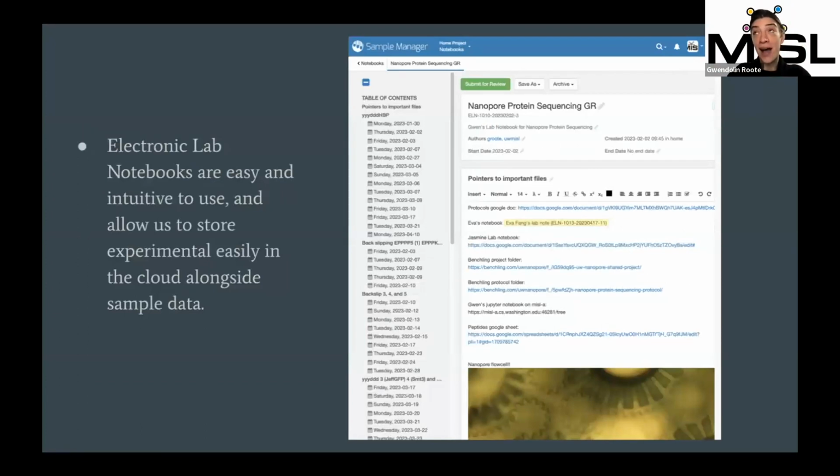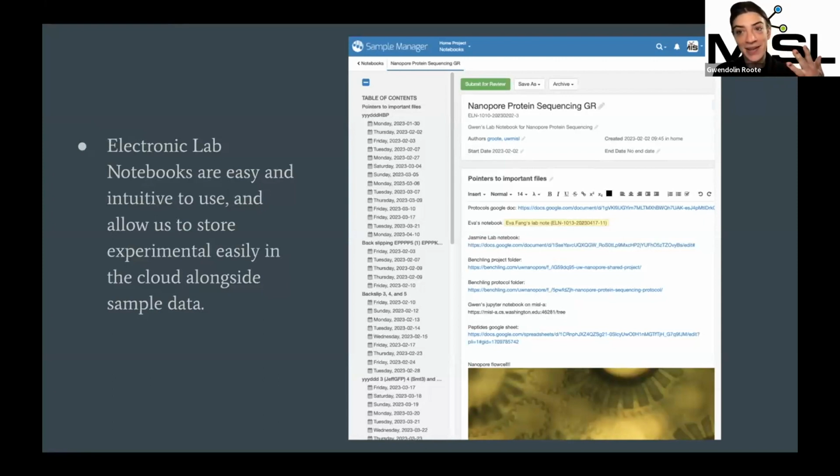And truly one of my favorite pieces of Sample Manager, which yeah, I love it, is the electronic lab notebook. So previously to getting this software, we were using Microsoft OneNote.